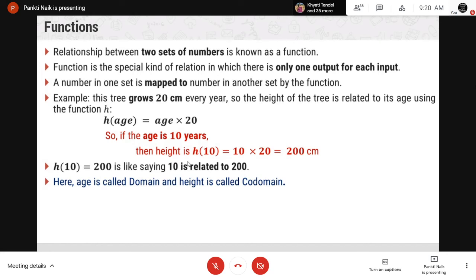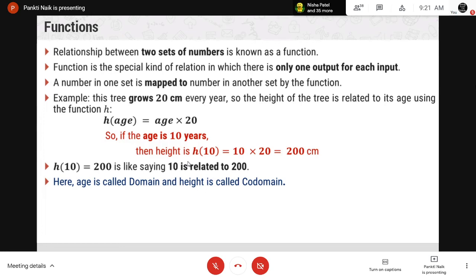So a function is a relation, but a relation is not necessarily a function. A function is a relation, but it is not necessary that every relation is a function. Now let us see one example. This tree grows 20 centimeters every year.